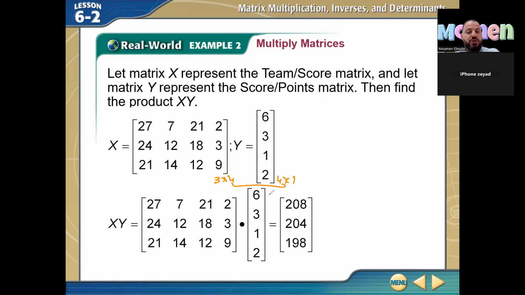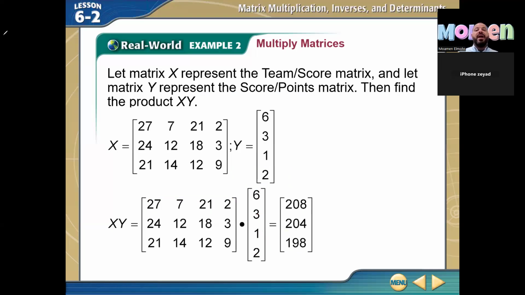We can multiply because the number of columns of the first matrix equals the number of rows of the second matrix, and the product will be 3 times 1, as you see. This is the answer after multiplying, starting by the row with the column and completing the operation as we see.